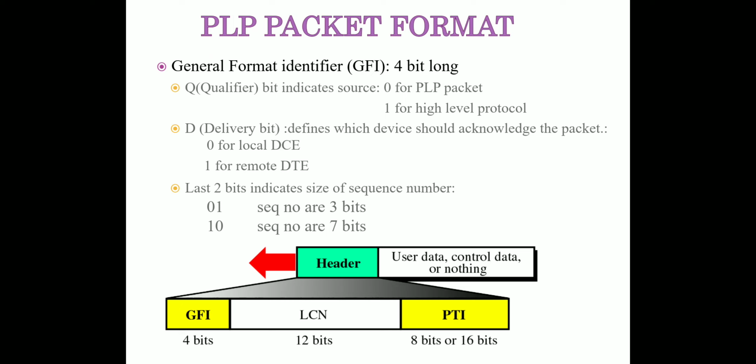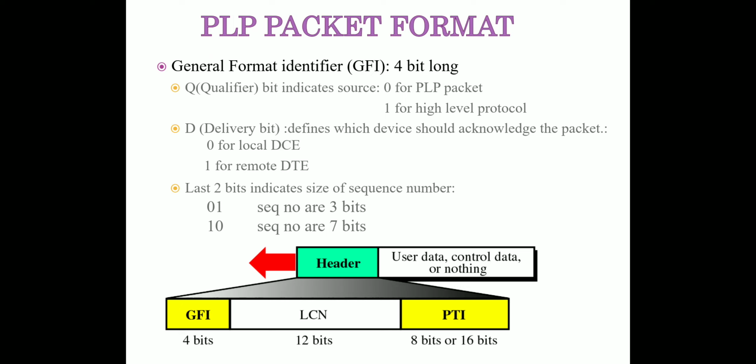In the GFI, or the general format identifier, which is 4 bits long, there is a Q bit, that is a qualifier bit. The qualifier bit indicates the source of the control information. If it is 0, it is for the PLP packets, and if it is 1, it is for the high level protocols. The next bit is the D bit, also called the delivery bit.